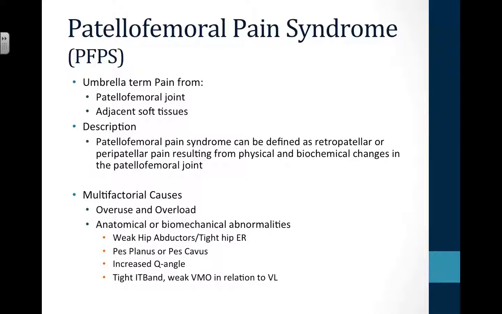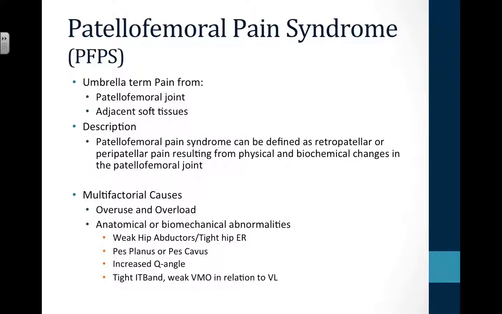So patellofemoral pain syndrome. Let's just talk a little bit about what this is. It's an umbrella term that oversees pain in the patellofemoral joint and the adjacent soft tissues. Most patients will point right to the front of their knee, and they'll have pain with that.